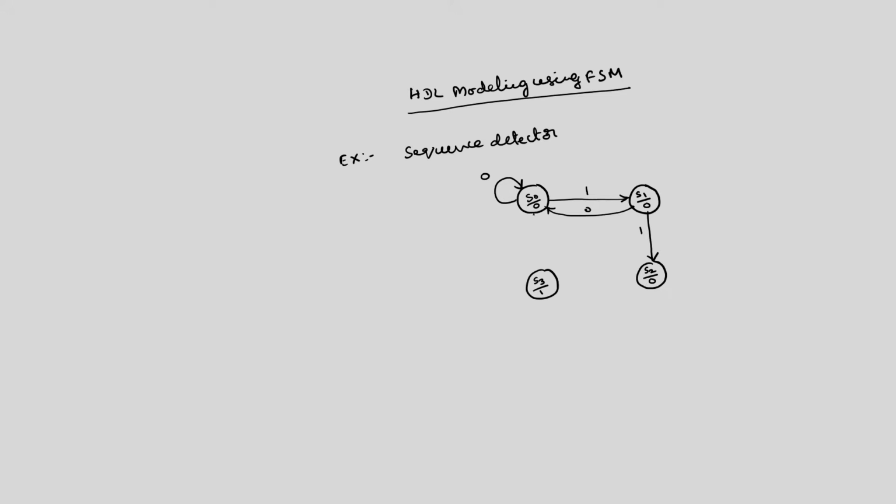Here if a 0 is received, it will go to S0, and if 1 is received, it will go to the next state. Here 0 is received, it will go to the S0 state. If 1 is received, it will stay itself because it has already detected 3. So, this circuit can detect 3 or more consecutive ones. This is the state diagram or FSM we discussed in the last lecture.